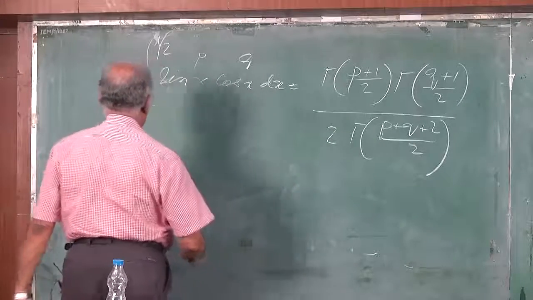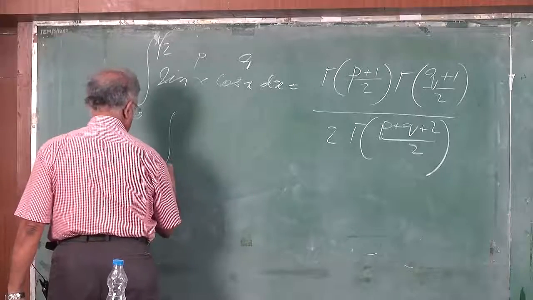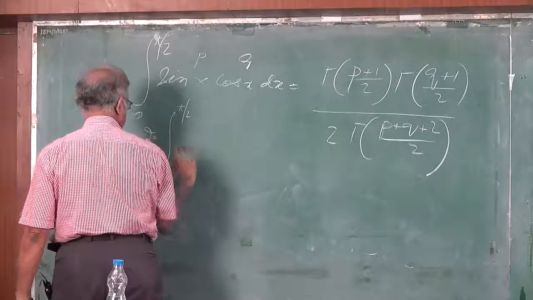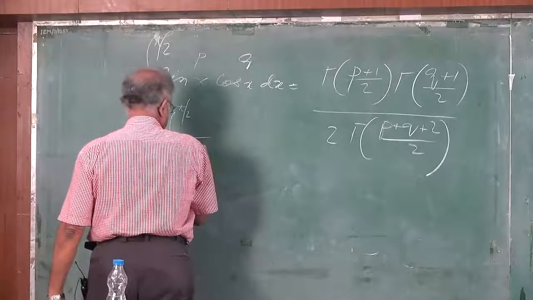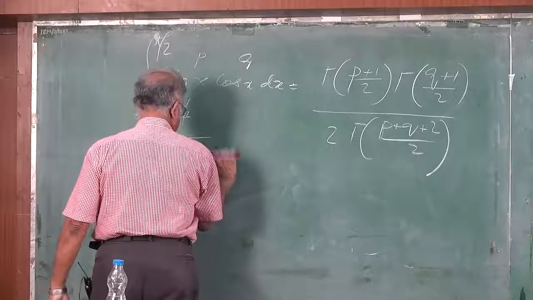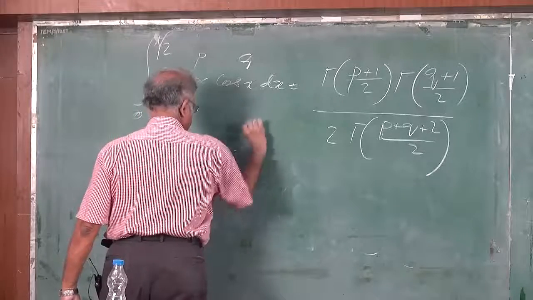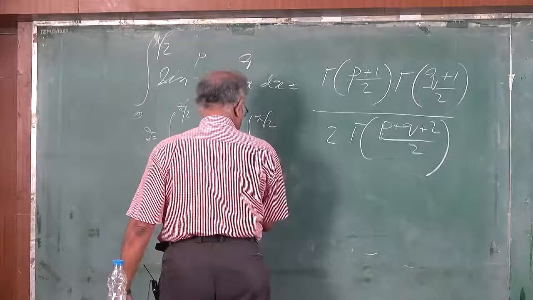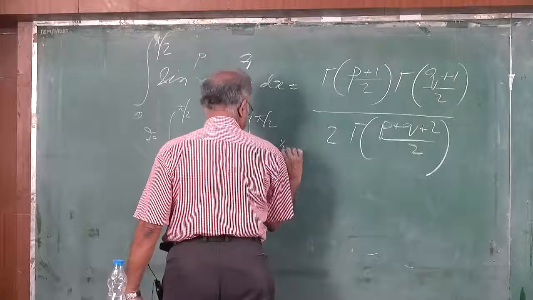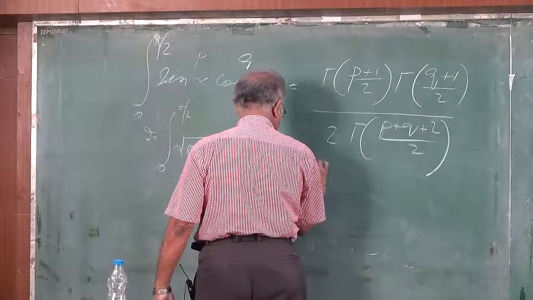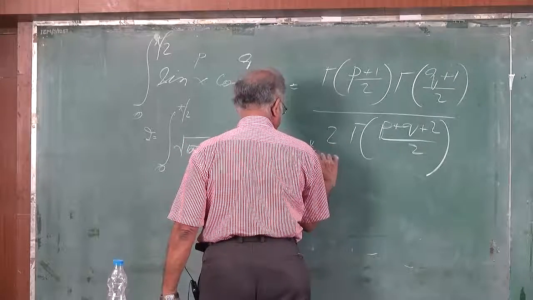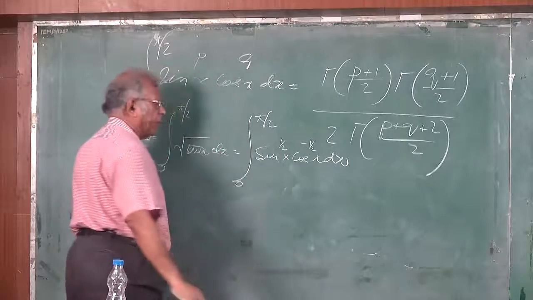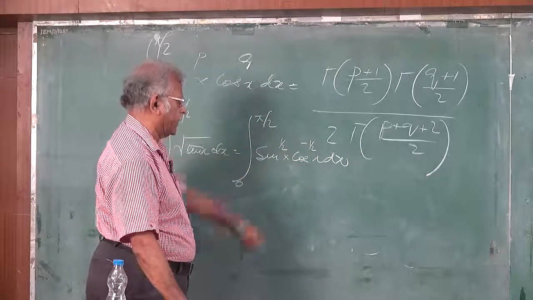Now, our integral is 0 to pi by 2, the one we are looking for, root tan x dx, that is the integral from 0 to pi by 2 of sine x to the power of half and cos x to the power of minus half dx. So straight away one can see that p is half and q is minus half.